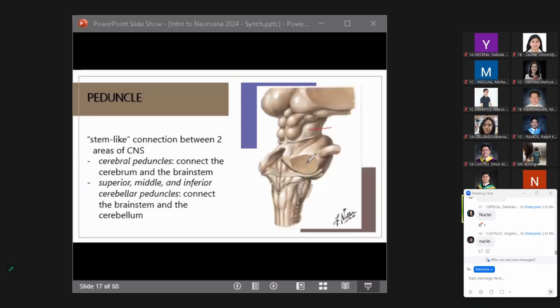So these are the peduncles: the superior, middle, and inferior. These are cut in the same part, but this is actually the inferior.